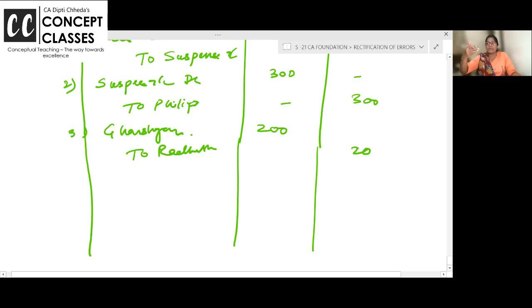It is wrongly debited by 20, so to nullify the wrong effect, credit by 20, and to suspense account 180. Ghanshyam debit, to Radheshyam, to suspense.